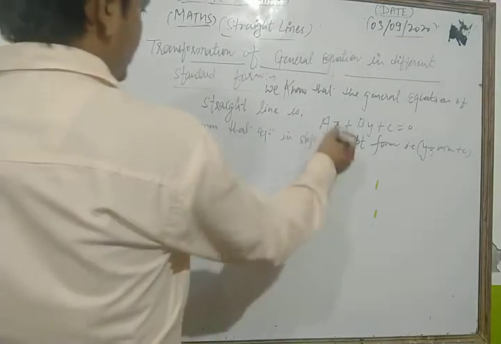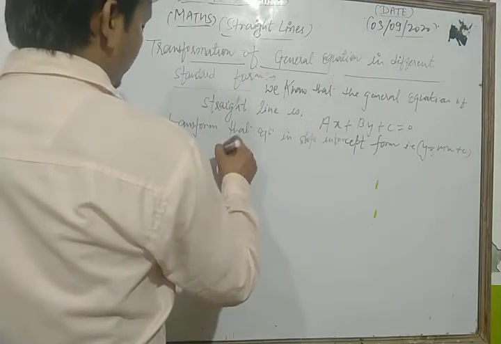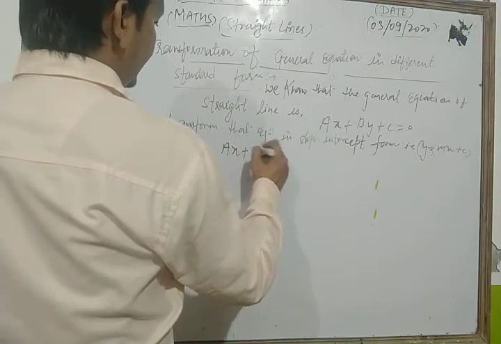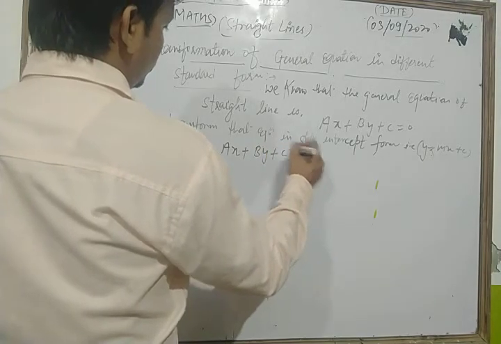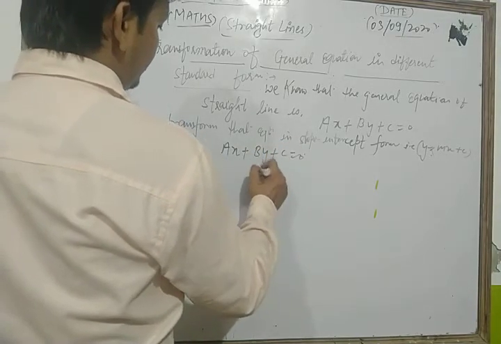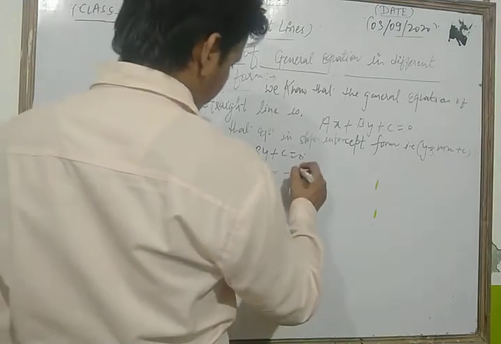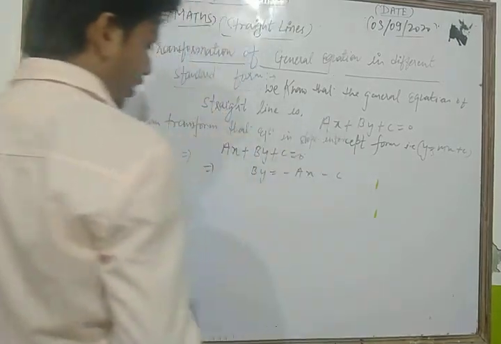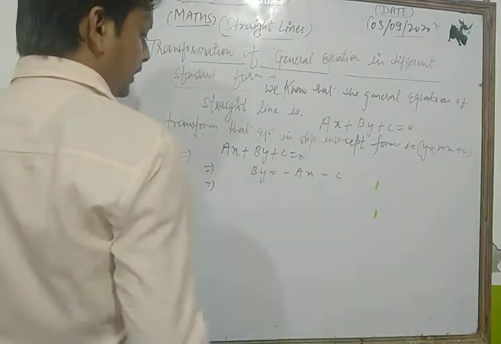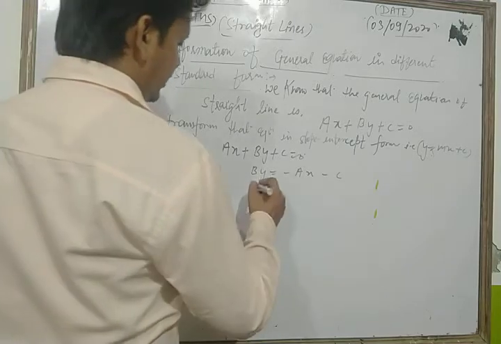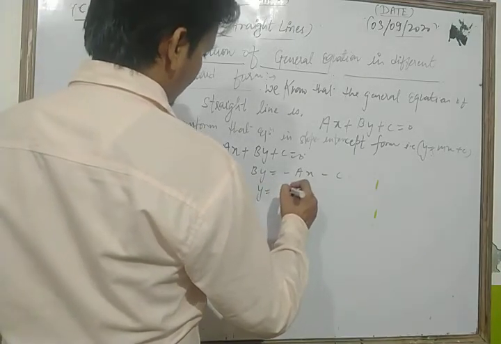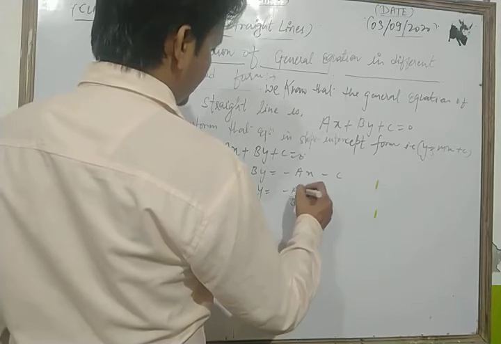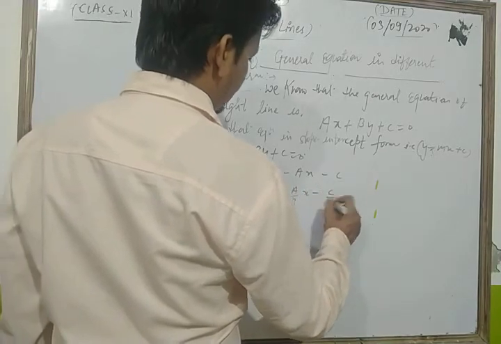First we write as given, ax plus by plus c is equal to 0. Now we can write by is equal to minus ax minus c. Dividing both sides by b, we get y is equal to minus a upon b into x minus c upon b.